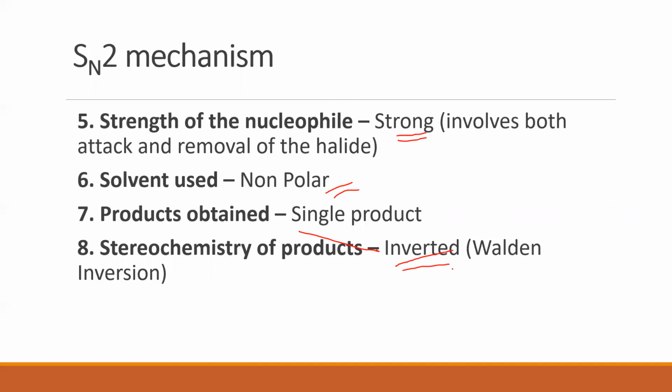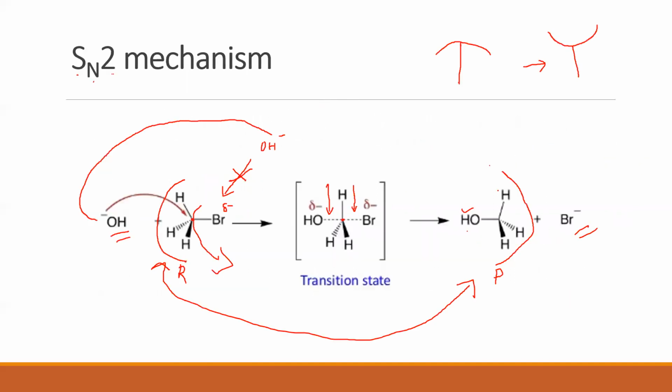Did we see that? Yes, let me go back here. What is the nature of the product? Inverted. Why did we say it is inverted? Because the position of the halogen and the position of the nucleophile are exactly opposite. The nucleophile forms a bond with the carbon on the opposite side of the halogen.